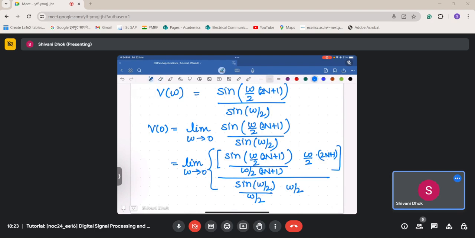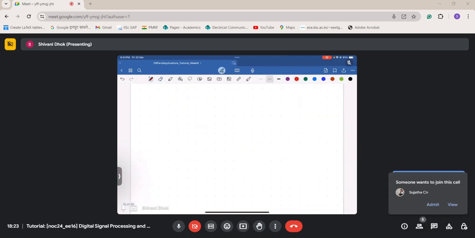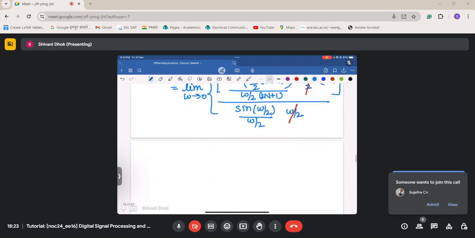So now these things get cancelled. This 2n plus 1 is a constant, so I can take it outside the limit.